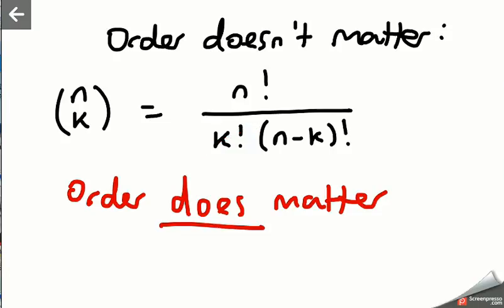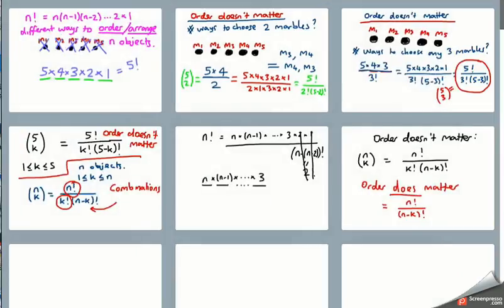So if I want to pay attention to when order does matter, it's actually just n factorial divided by n minus k factorial. And if we go back to the marbles example, I'm sure you all really love the marbles by now.